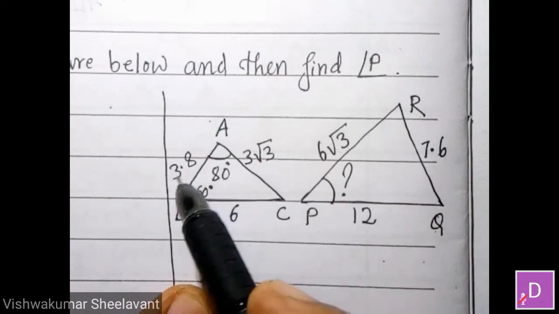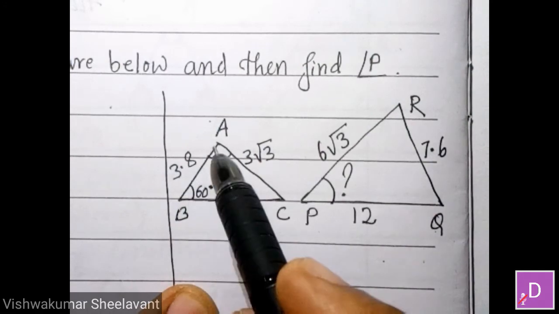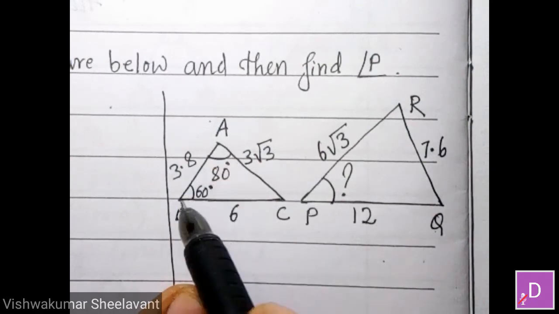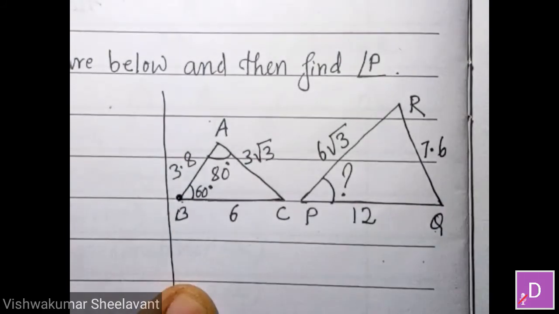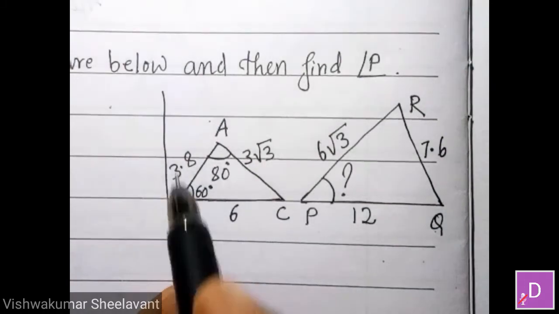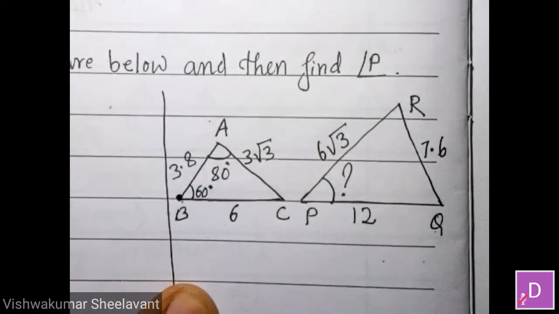That means AB and BC are connected to B here. The two corresponding sides are connected to vertex B here.